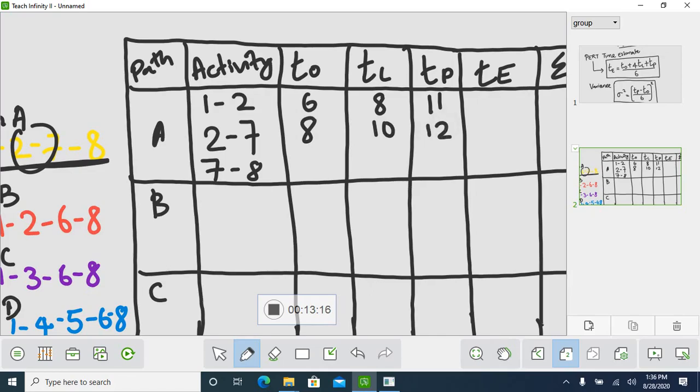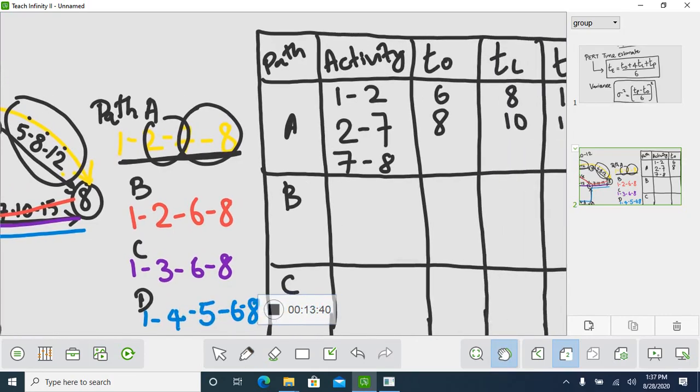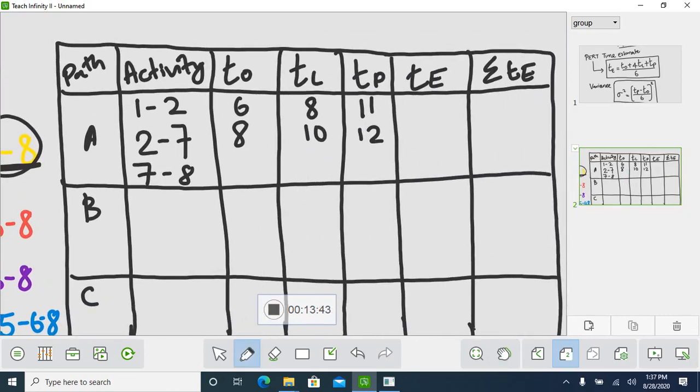So this is your activity 2 to 7. Okay, next we are taking 7 to 8. What are the optimistic time, most likely time, and pessimistic time? For 7 to 8 you have 5, 8, 12.